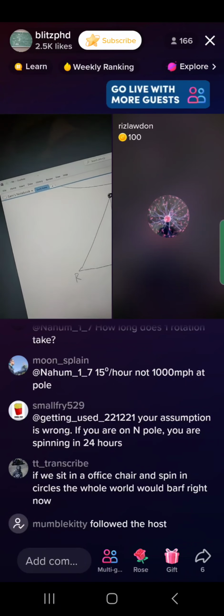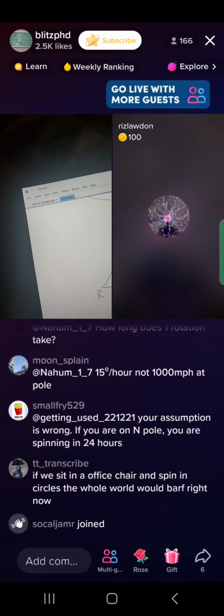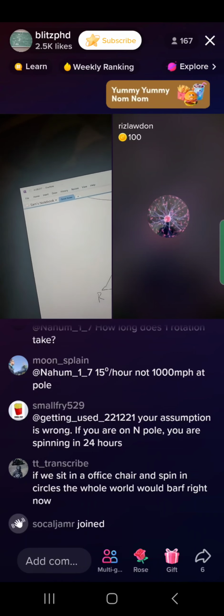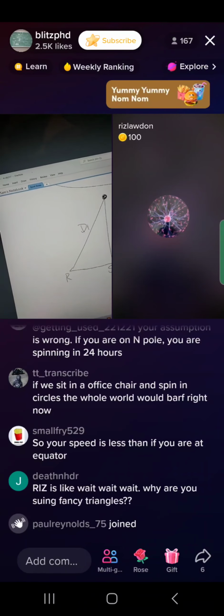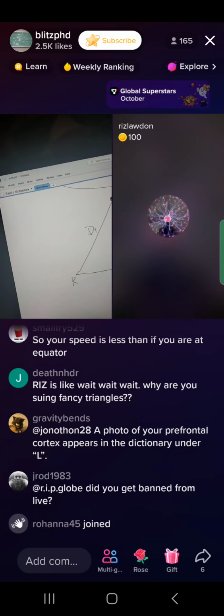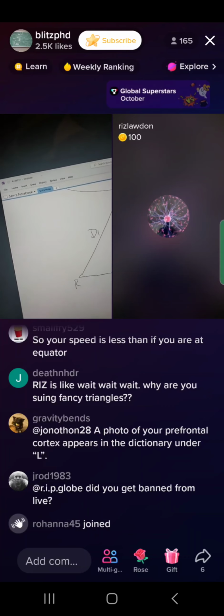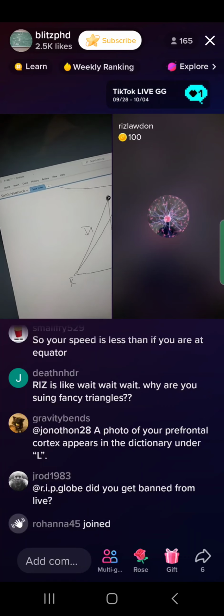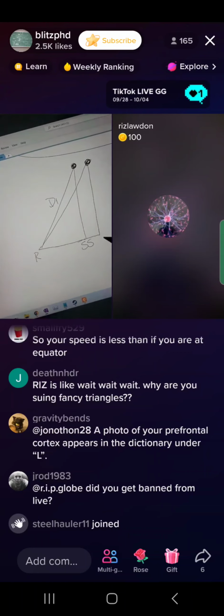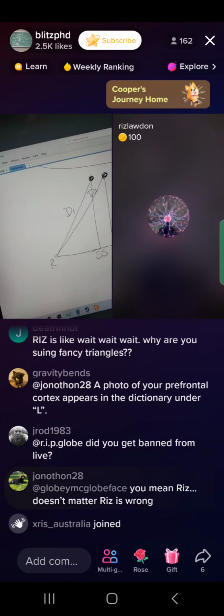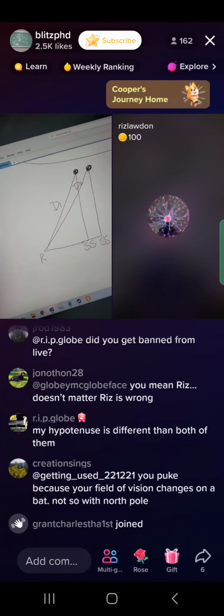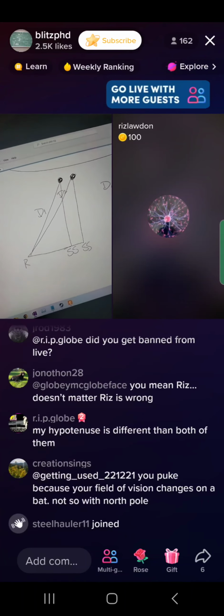So we have this hypotenuse, call it d1, and then at a later point the subsolar point is a little bit further away, and so you have a new triangle with a new subsolar point. And then you have some new hypotenuse, d2, right? So what you're doing is d1 minus d2.